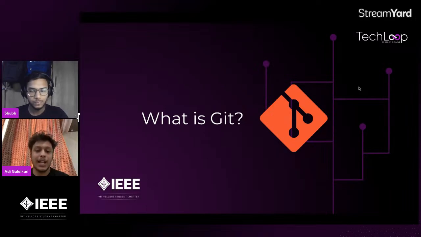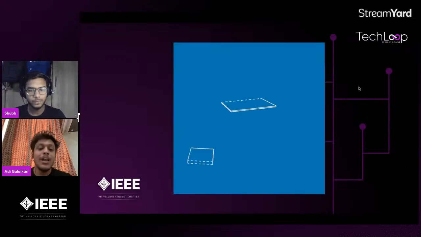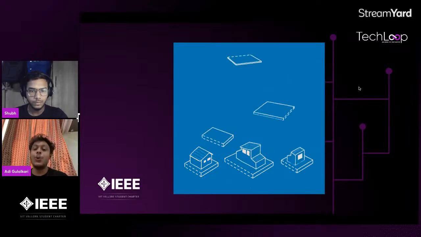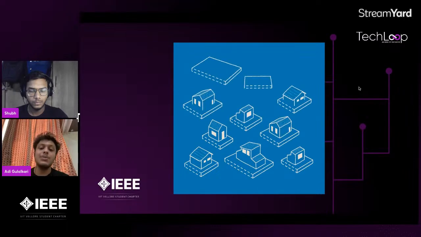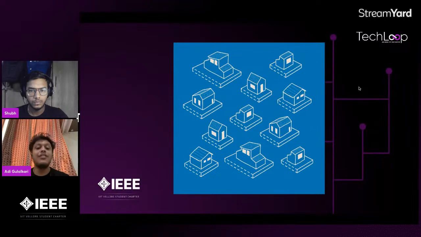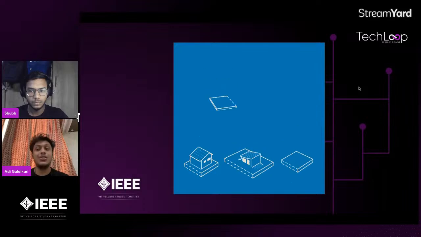So how is Git going to help you? Git will help you keep track of all the changes. If there is a team A and a team B, whatever they are doing, Git is going to track these changes, and you're going to get an up-to-date version of this blueprint. So when the road construction team makes some changes in the route, they will be submitting the changes to Git.